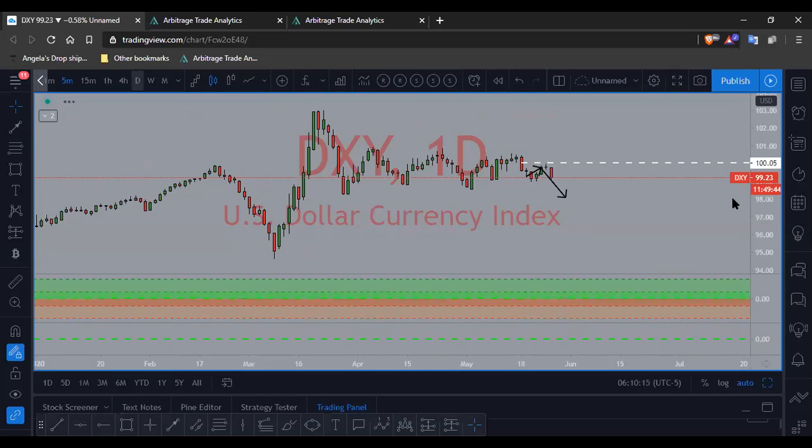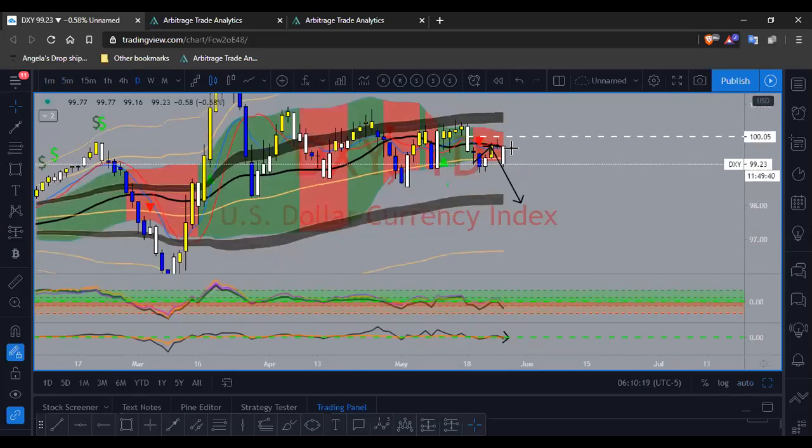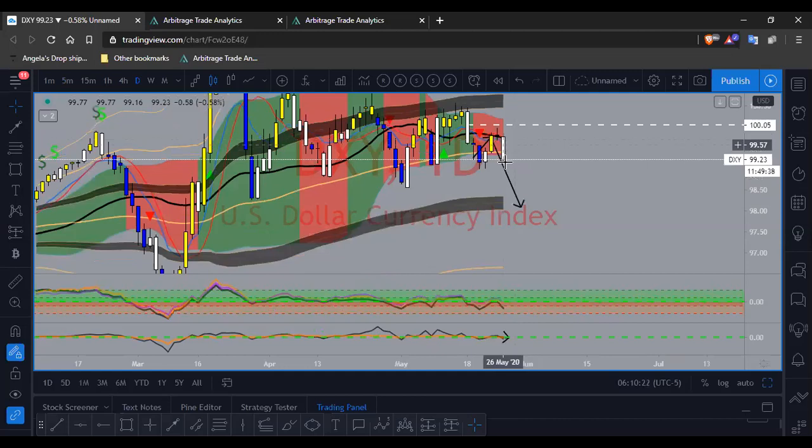One thing I want to point out to everybody first and foremost before I get started: DXY, extremely bearish engulfing candle on the daily time frame. Yesterday price didn't really do much because of course it was Labor Day. Like I had mentioned, I want to see price continue to fall.